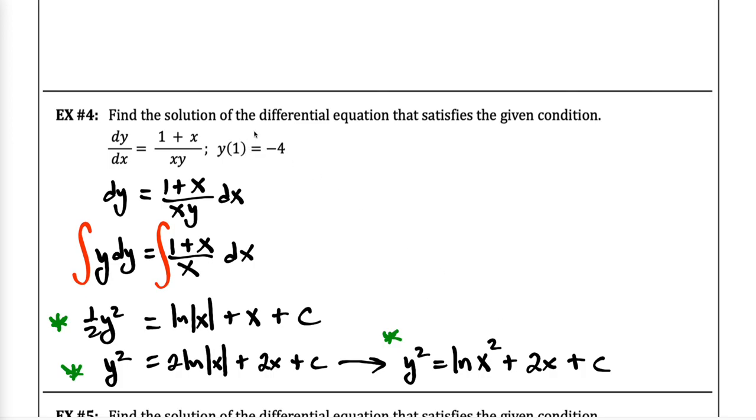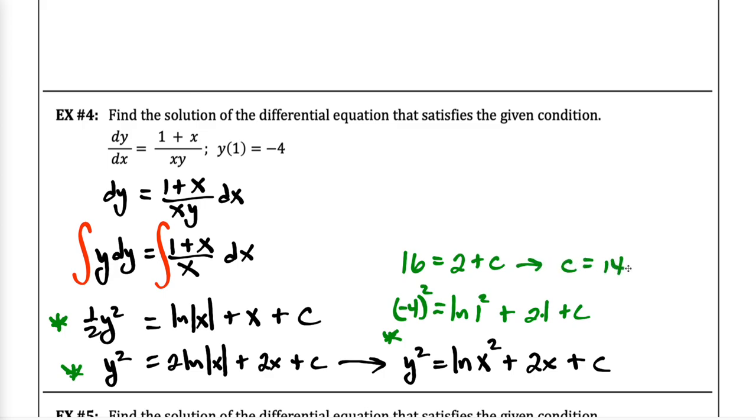Usually they only write it that way if it's function notation. Okay, so -4 would be the answer for y if we plug in 1 for x. And I know I ran out of space, so I'm going up. Ln of 1 squared is ln of 1, which is 0. So C is 14.